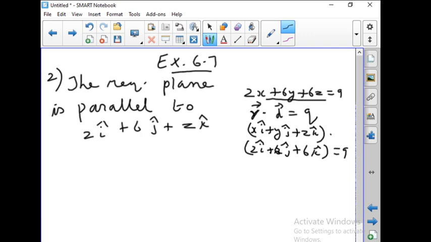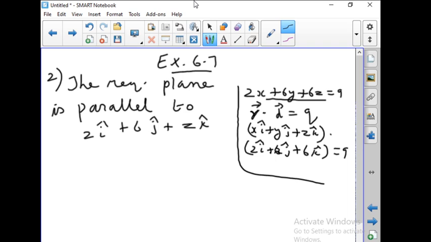Okay. So now this is of the form, the vector equation of a plane passing through 2 points and parallel to a given vector.